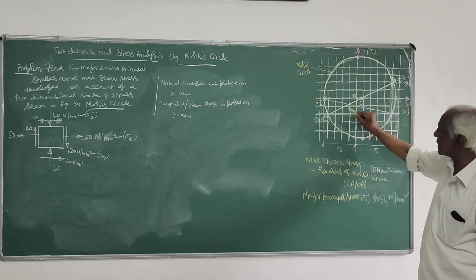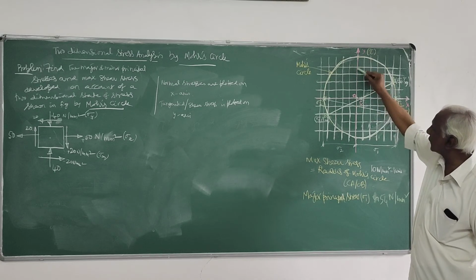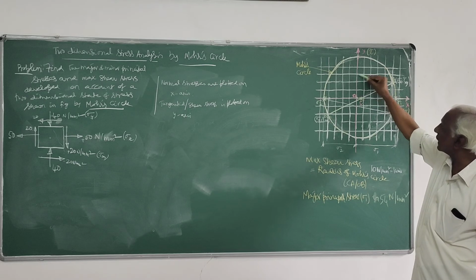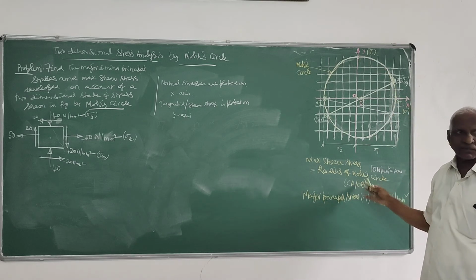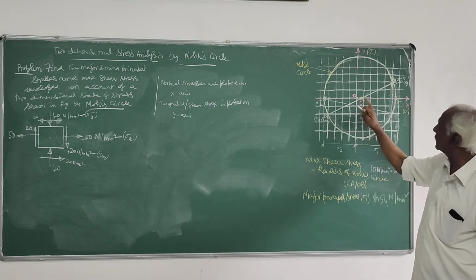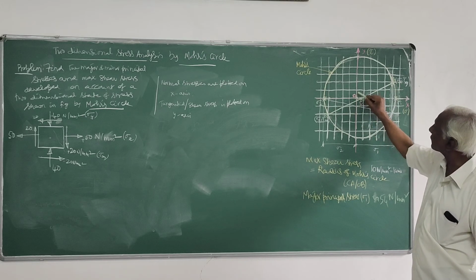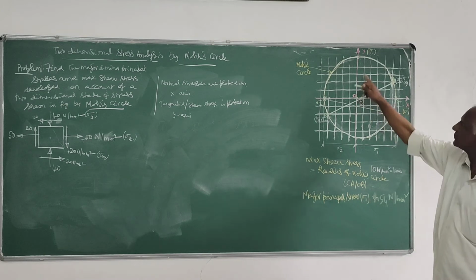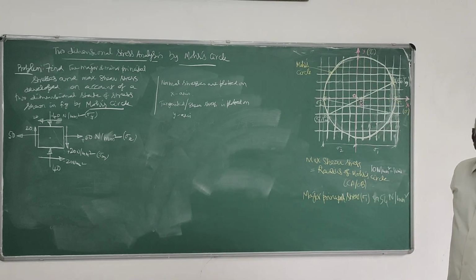So this is the radius of the Mohr circle, and this is also a radius. That itself is your maximum shear. Either CA or CB, or this value which cuts from the origin, you can take as the radius, and that gives the maximum shear stress.